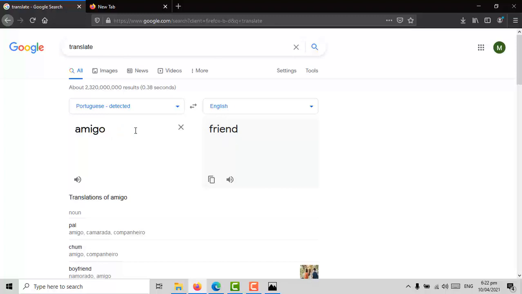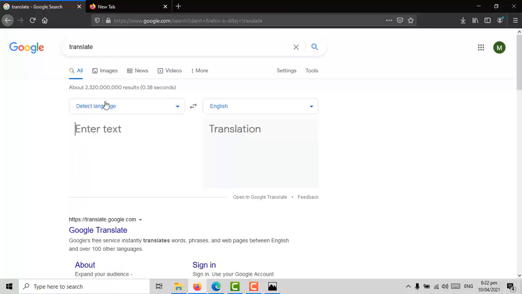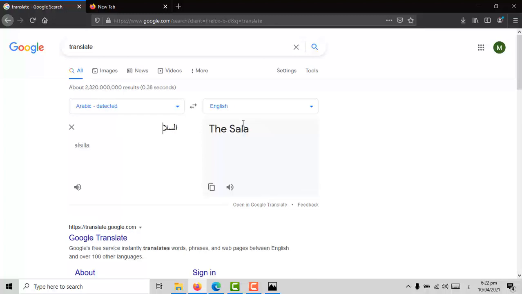Let's try translating from Arabic without having to choose the language. Let's write As-salam. It detected that this language is Arabic, and in English it means peace.